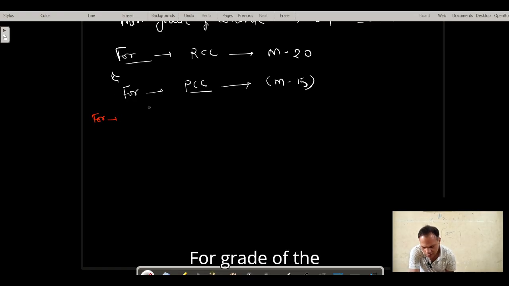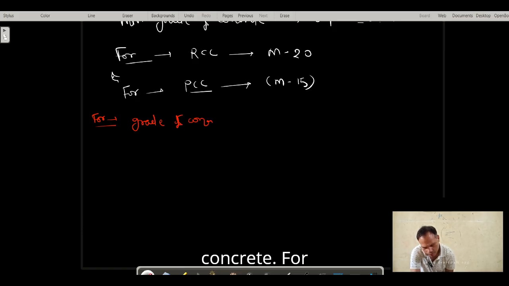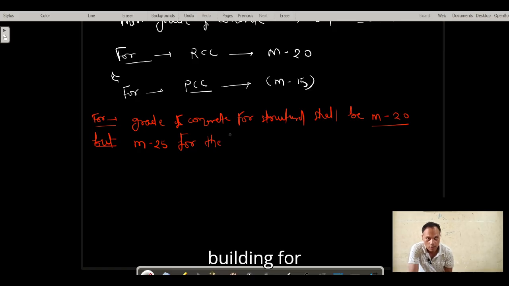For a structural work, the grade of the concrete shall be M20, but M25 for the building as per IS 13920.